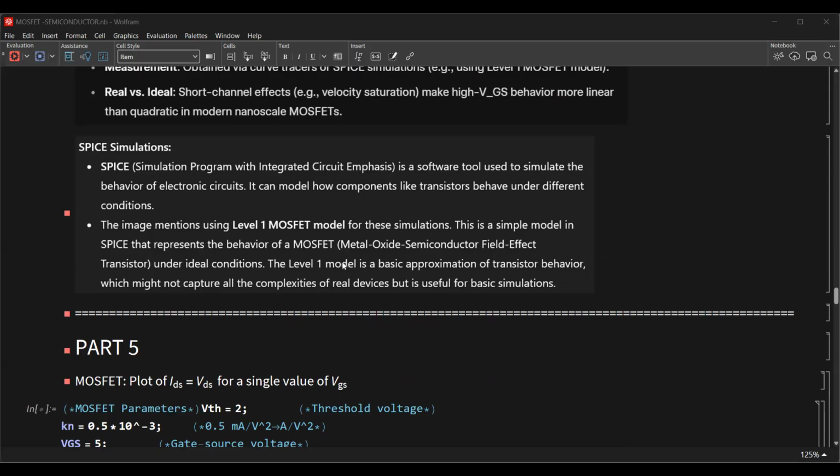This is a simple model in SPICE that represents the behavior of the MOSFET, metal oxide semiconductor field effect transistor. Under ideal conditions, the level 1 model is a basic approximation of the transistor behavior, which might not capture all the complexities of real devices, but is useful for basic simulations.